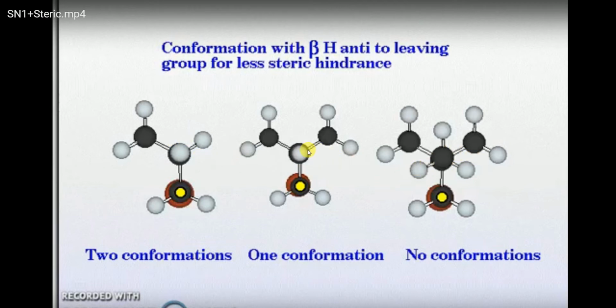You can see this one has a hydrogen covering right there, so there's only one conformation. This one has more hydrogens than this one, so there's no conformation. This one has somewhere in between, so there's two conformations. It's missing one of the carbons, so this is more of a secondary carbon right here, so it's able to have two conformations of itself.